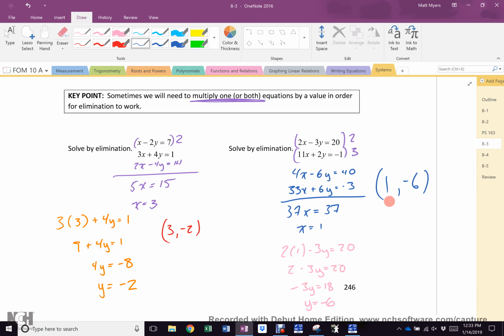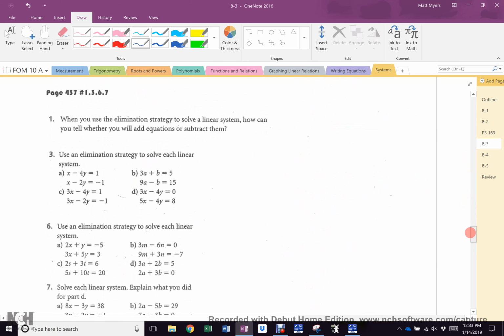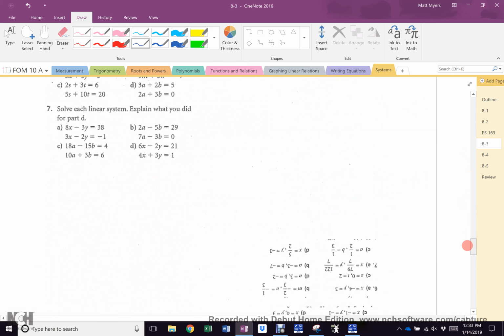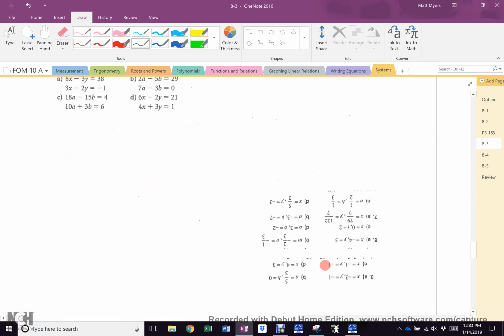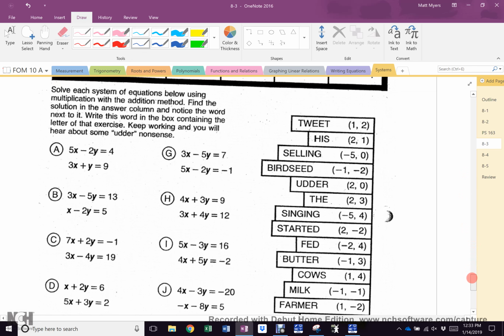Now, once again, as always, I have given you some practice work with the answers. If you're not 100% comfortable, do some of this so you can check it over. If you feel you're 100% comfortable, I've got another puzzle sheet.